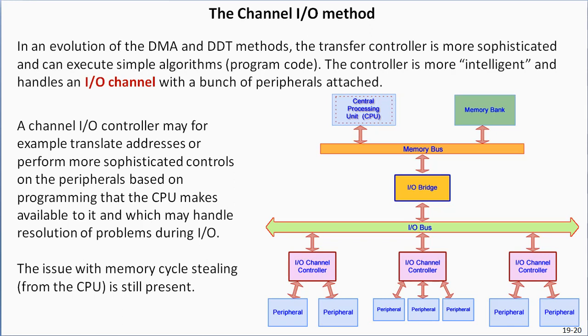This allows the controller to be more intelligent and handle more complex I/O, much like the central CPU can, so as to be able to handle an I/O channel and free the central CPU from even more of the I/O burdens and the servicing of slow peripheral components.